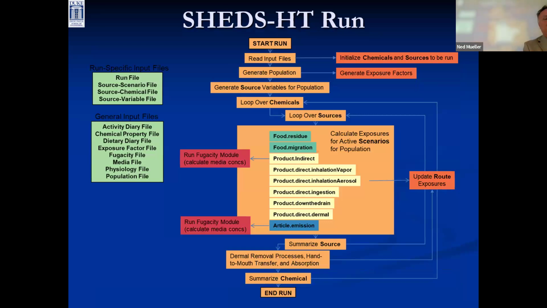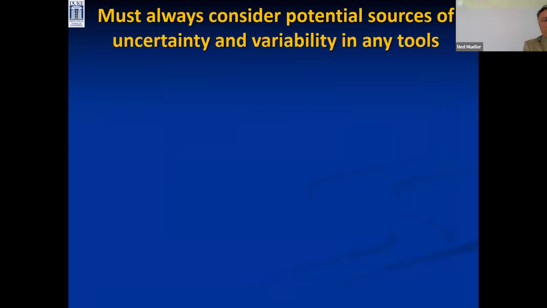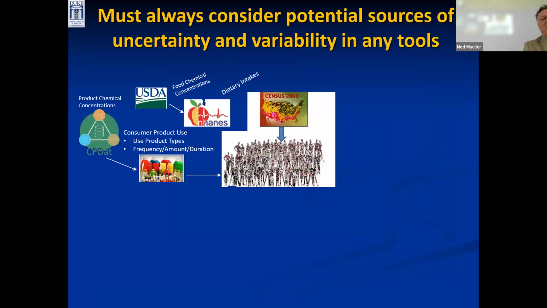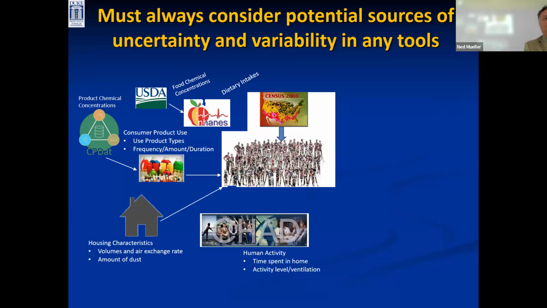So here's basically the SHEDS-HT run, if you're interested in how it's structured. All I've been talking about, all these different kinds of data that we have, ultimately we make a population and look at how they're exposed. We get a lot of the information from HUD, for example, on housing characteristics. We look at the activities, all these different microenvironmental activities.